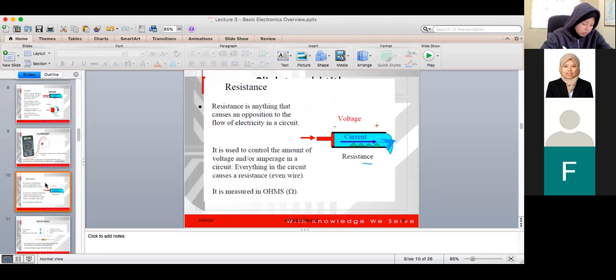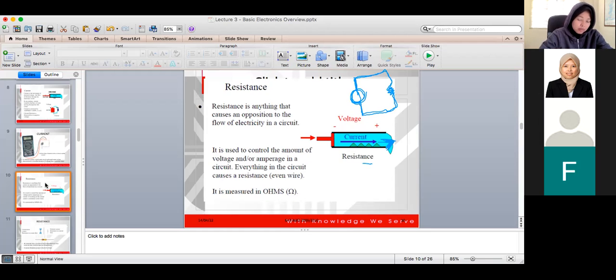Okay, even wire pun macam kita ada electronic circuit kan. Even the type of wire yang kita guna ni pun memberikan resistance kepada pengaliran current. Okay. Tapi sangat minimum lah. Okay, the resistance yang dia cause into the circuit.